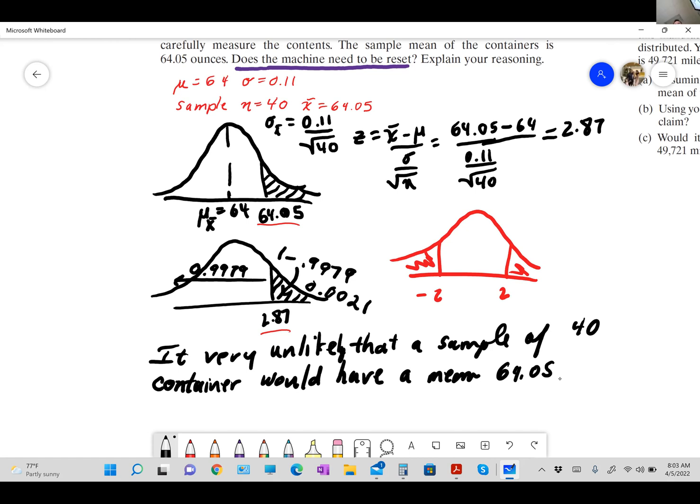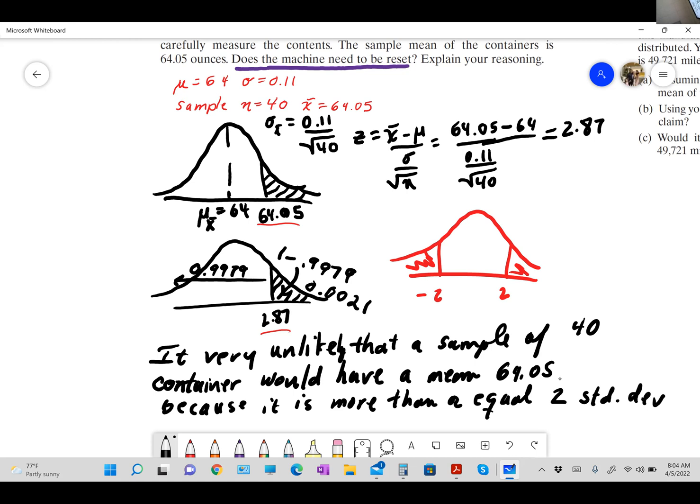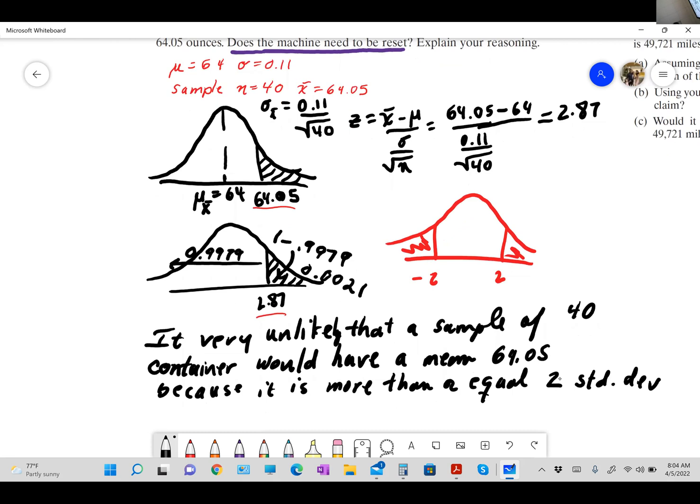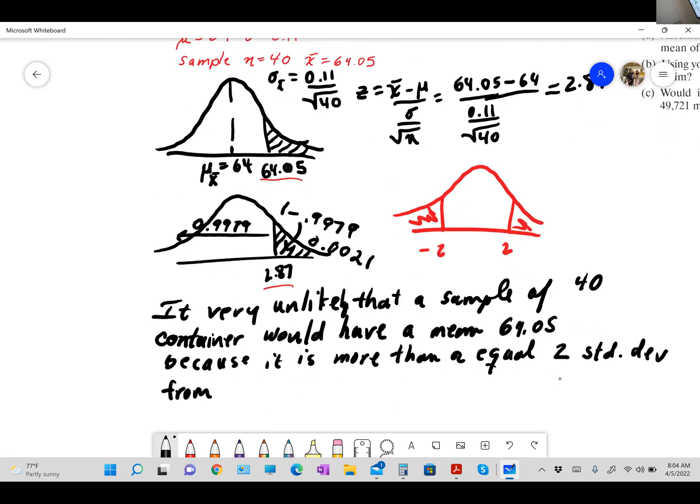That a sample of 40 containers would have a mean of 64.05 because it is more than or equal to 2 standard deviations from the mean. Got it?